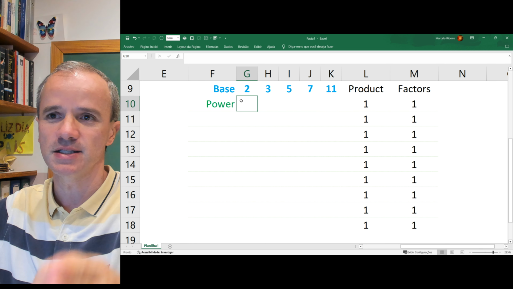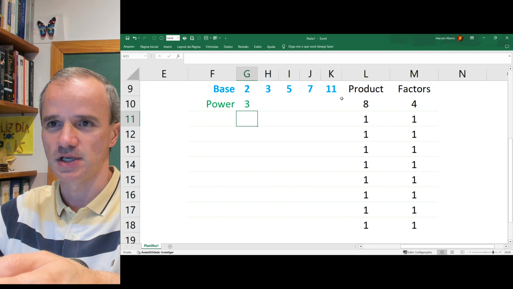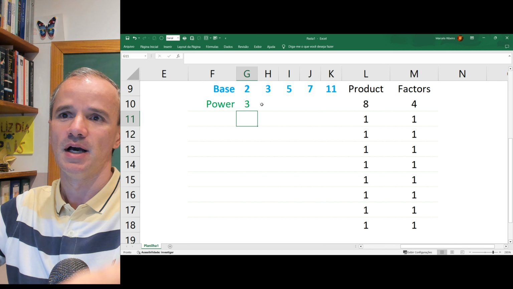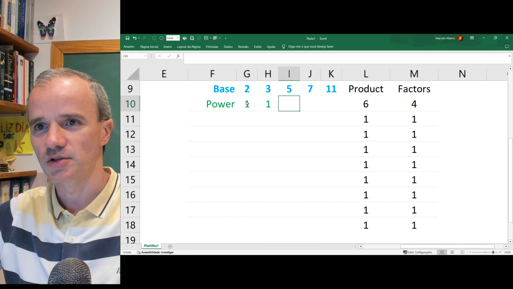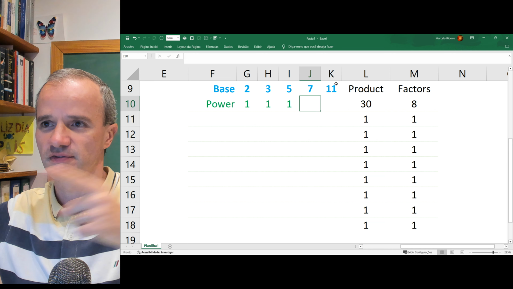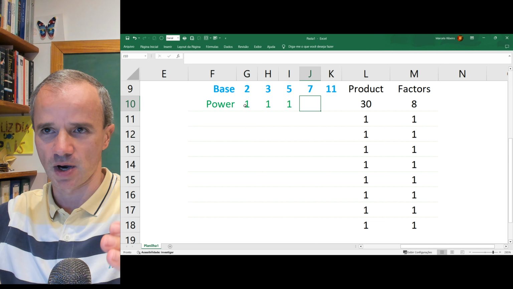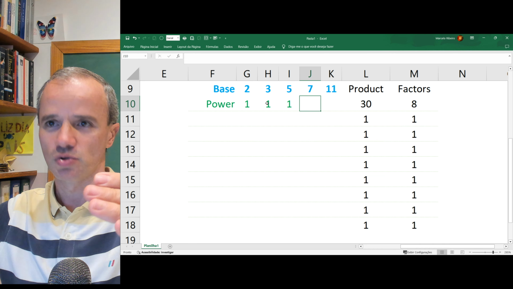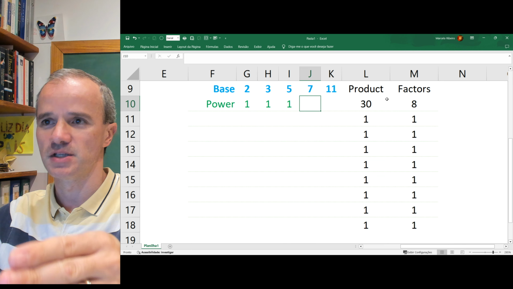So this is going to be the base, and if I write 2 to the third, I have 8. And if I have 2 to the first times 3, times 5, that's 30. It's going to be 2 to the first power times 3 to the first power times 5 to the first power, and this is the product.